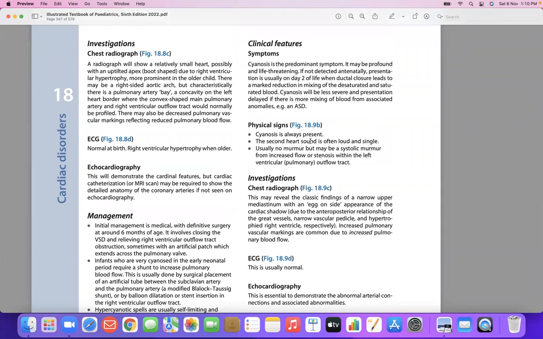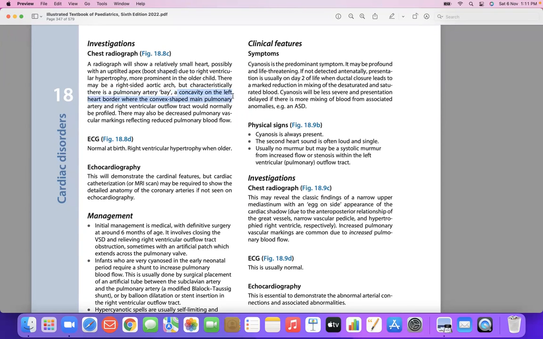So we read about the chest radiograph, how it looks. This is the boot-shaped heart, and there will be a pulmonary artery bay. Okay, this is the pulmonary artery bay. You have to tell what it is: a concavity on the left heart border, where the convex-shaped main pulmonary artery and right ventricular outflow tract would normally be profiled.